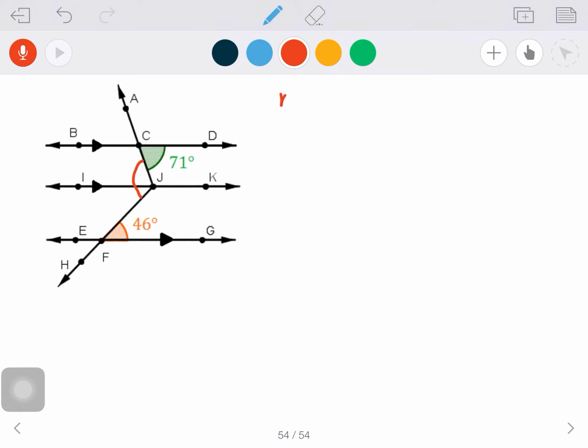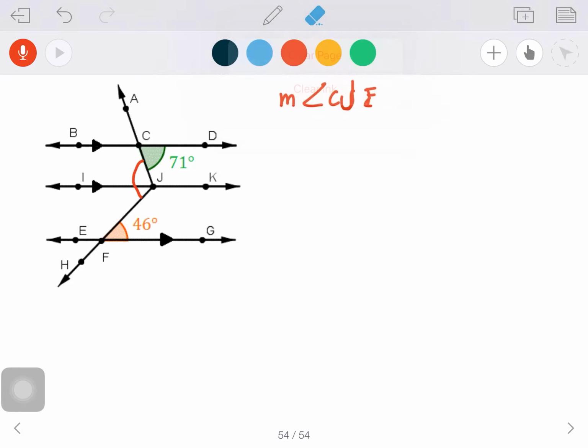Solve for the measure of angle, say CJE. At this point, pause the video and solve for the value of angle CJE or angle EJC, and later resume the viewing to see what would be the answer.